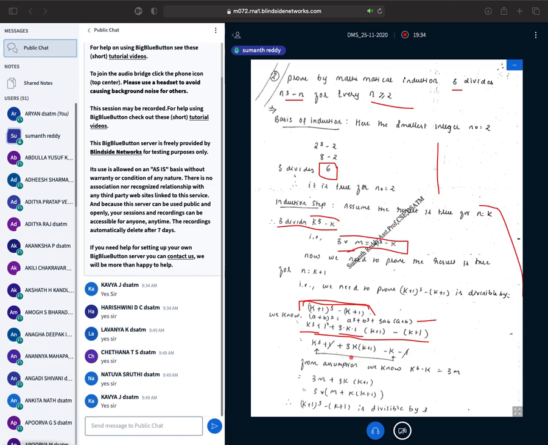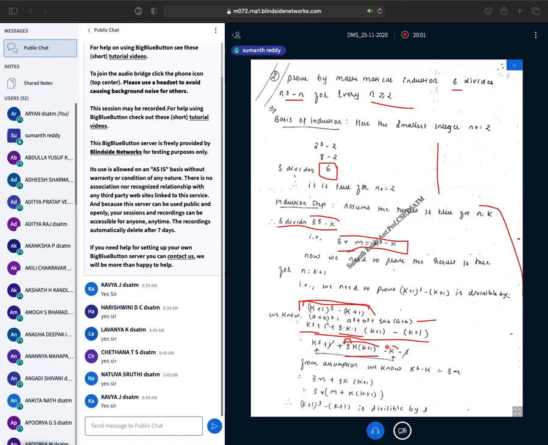Now if you observe this term, this is 3k of k plus 1, so this term is a multiple of 3. Now I have to check that 3 will divide the entire term. After expansion, this can be written as 3 into k plus 1 as it is, plus k cube minus k.